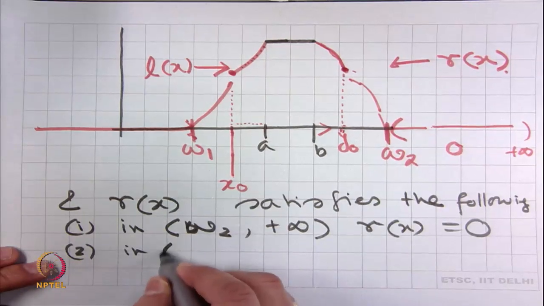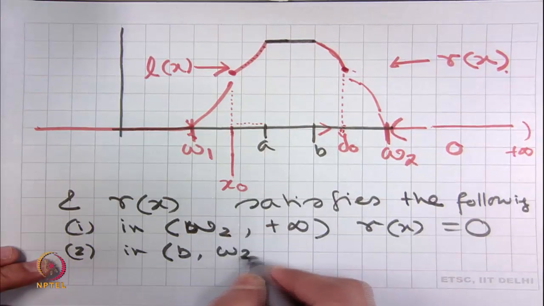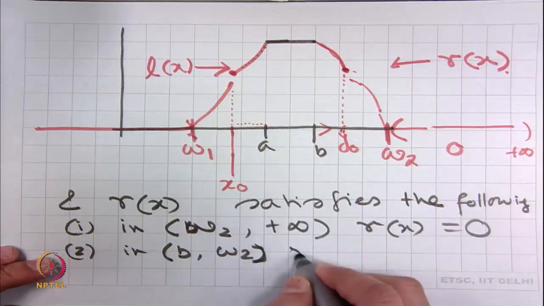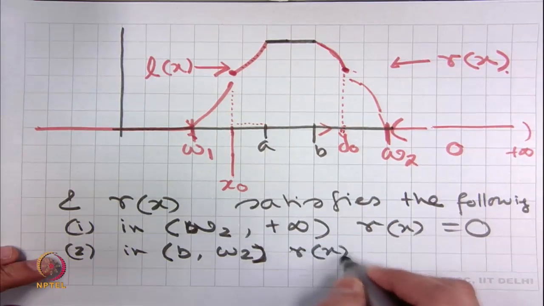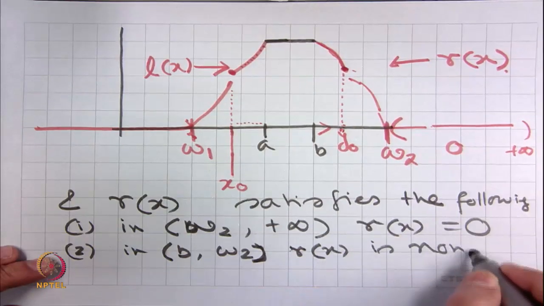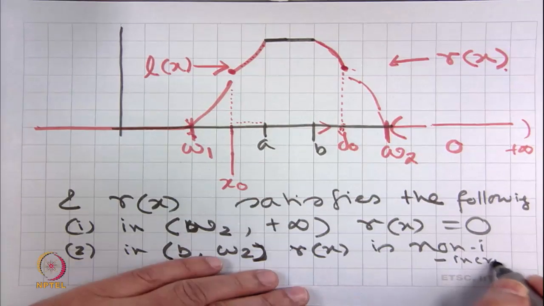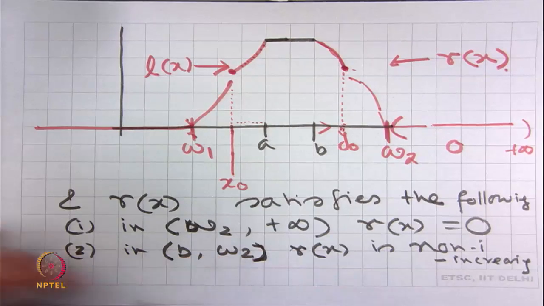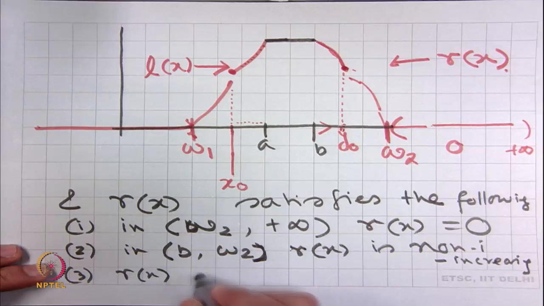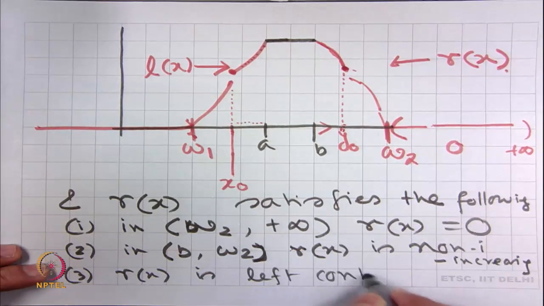In B to W2, R x is non increasing, and thirdly, R x is left continuous.